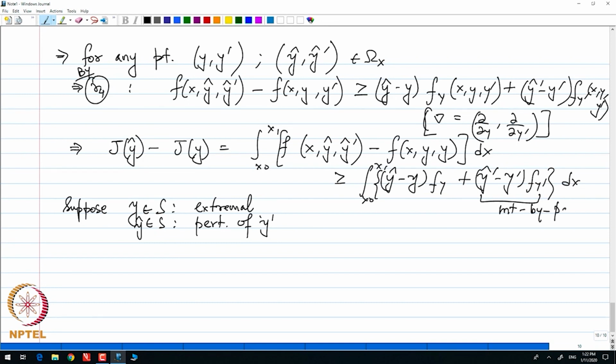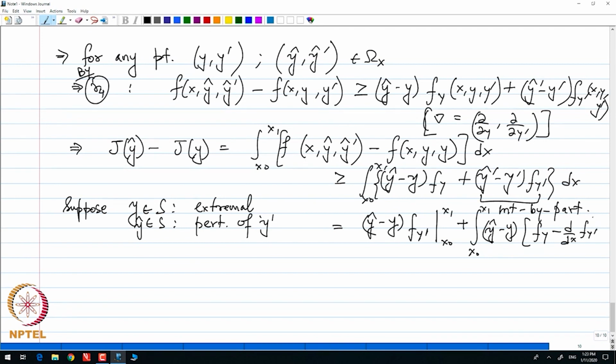So, let me do integration by parts, and I see that the right hand side of this inequality reduces to y hat minus y times f of y prime evaluated at x naught to x 1, plus, so that we can club everything together, the integral from x naught to x 1 of y hat minus y times f of y minus d/dx of f of y prime, dx.